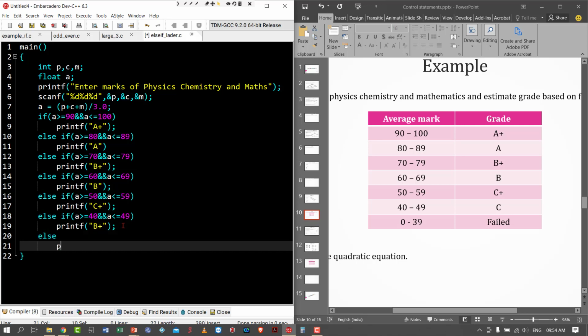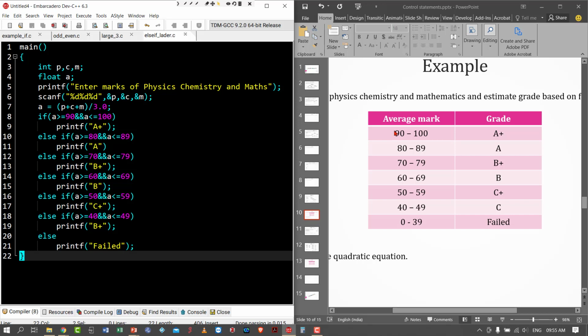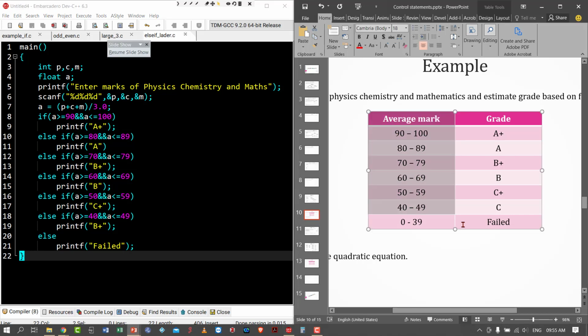I'll explain that. printf failed. So here, if a particular number doesn't fall within these conditions, then it is treated as failed. In the table also, if it is not in these conditions it is treated as failed.